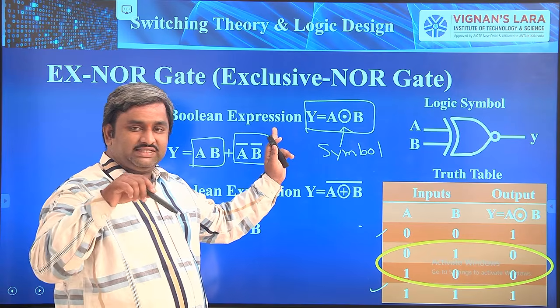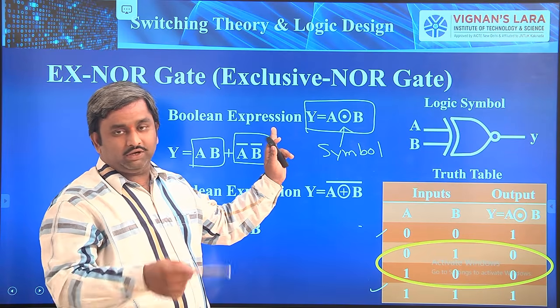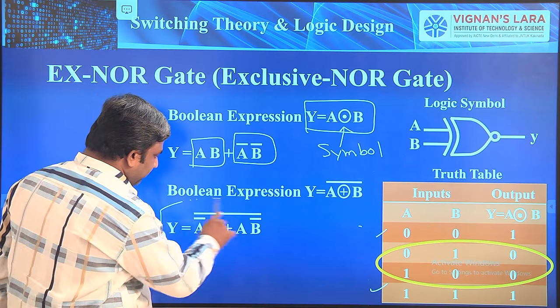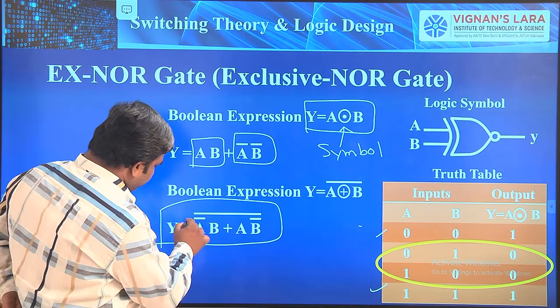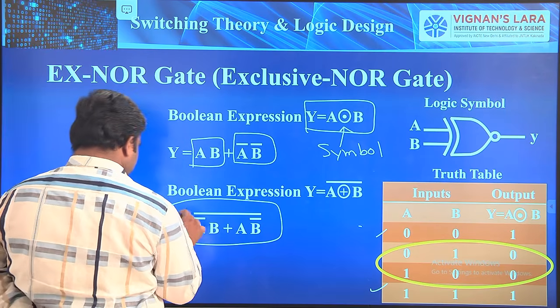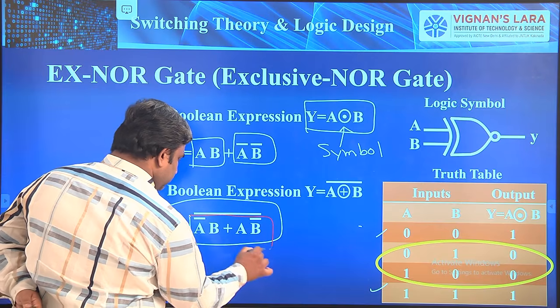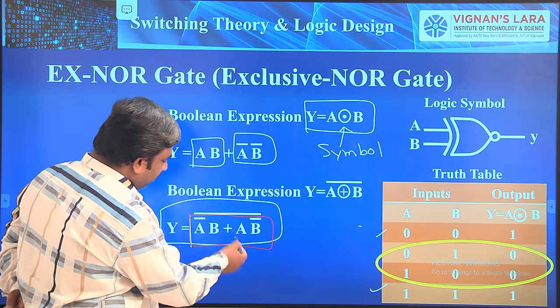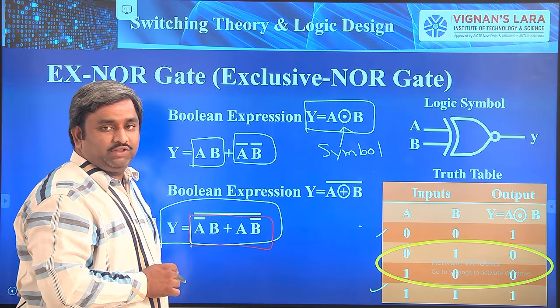Otherwise, this is the reverse of the XOR gate operation. XNOR is the reverse of XOR operation. So see here, this function is the XOR. This is the complete function we have represented with a bar symbol.